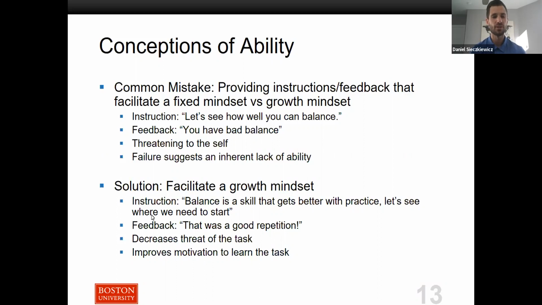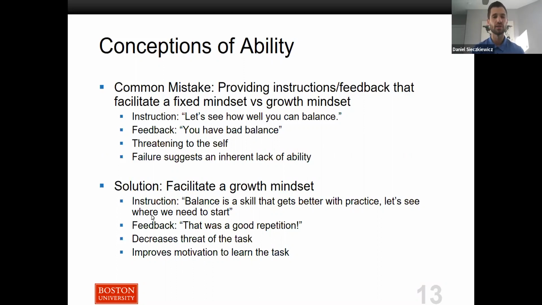So instead, we want to make sure we're facilitating a growth mindset. So a growth mindset instruction would be something like, balance is a skill that gets better with practice. Let's see where we need to start practicing. The feedback, when the learner is training in balance, if they have a good repetition, we say, that was a good repetition.